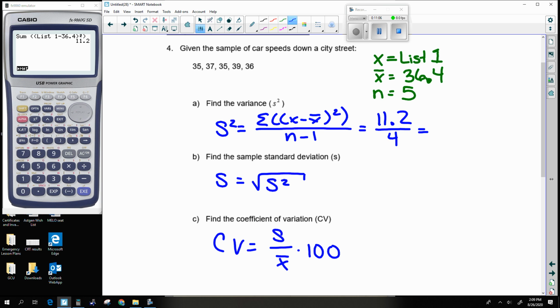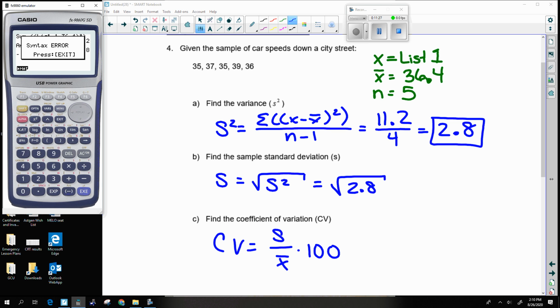So it's 11.2 divided by 4. The s is the square root of the s squared, so s squared is 2.8. So I'm going to square root that answer.